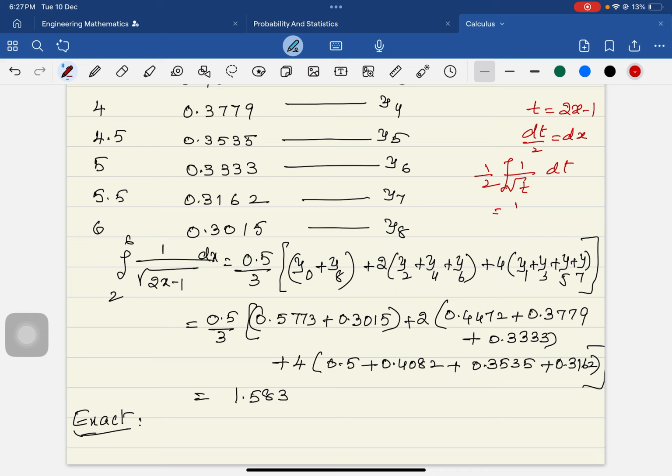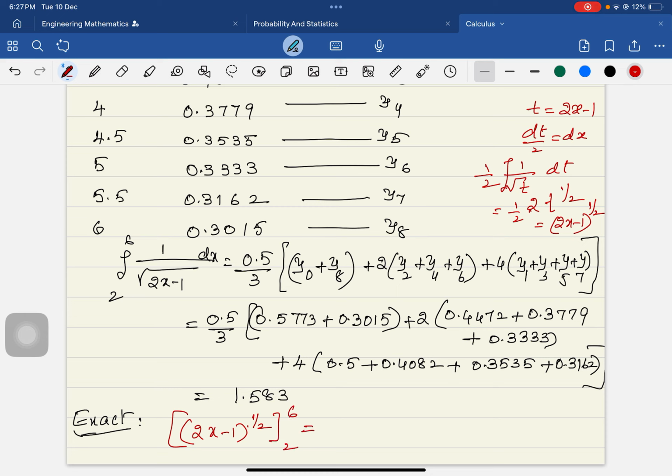That gives you 1 by 2 times t power minus half plus 1, which is t power half by half. So it becomes 2, and therefore the value becomes 2x minus 1 to the power of half. That's it. So when you do the integration, the value is 2x minus 1 power half within the limits 2 to 6.